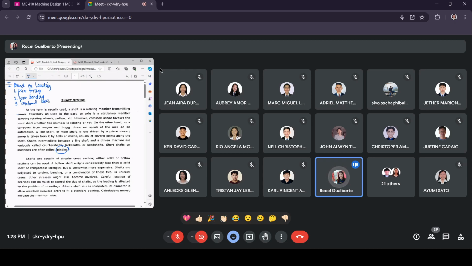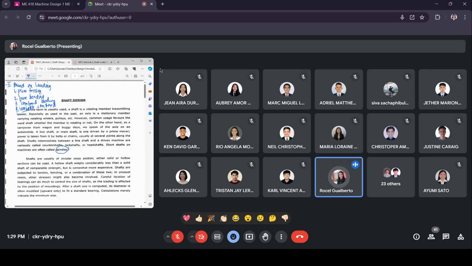Pag sinabi po natin na combined loading, it would be a combination of torsion and bending, okay? And then the last one, we call it the variable combined, okay? When we say variable combined, still it is torsion and bending that is being combined. The word variable here would mean the torsion is varying.